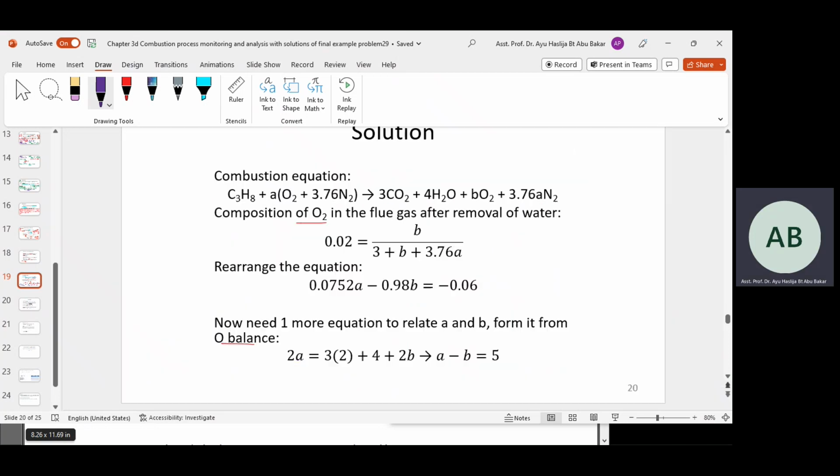Okay, if you have the slide, it already shows you the solution. Now this is the first equation, and then you have this another equation.